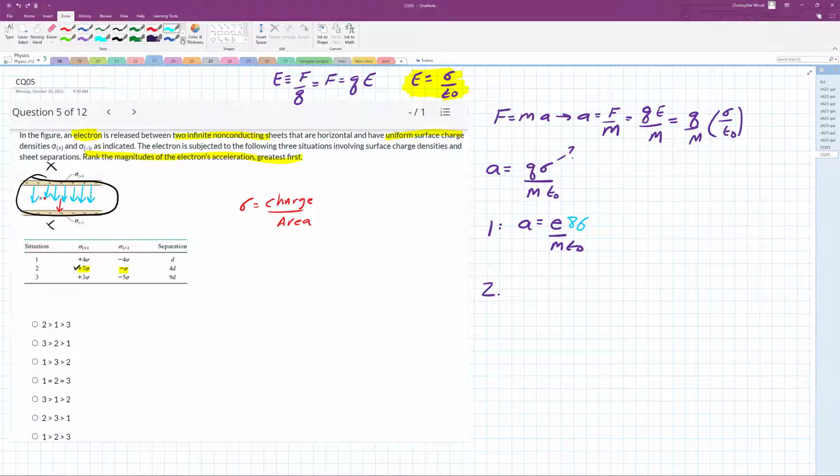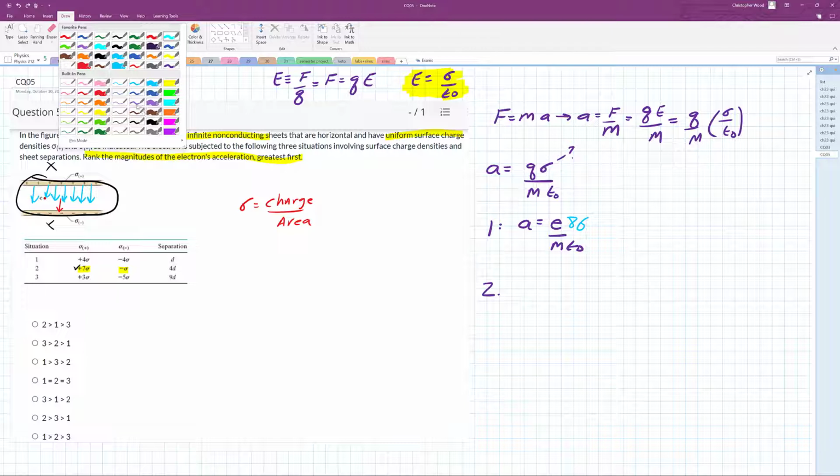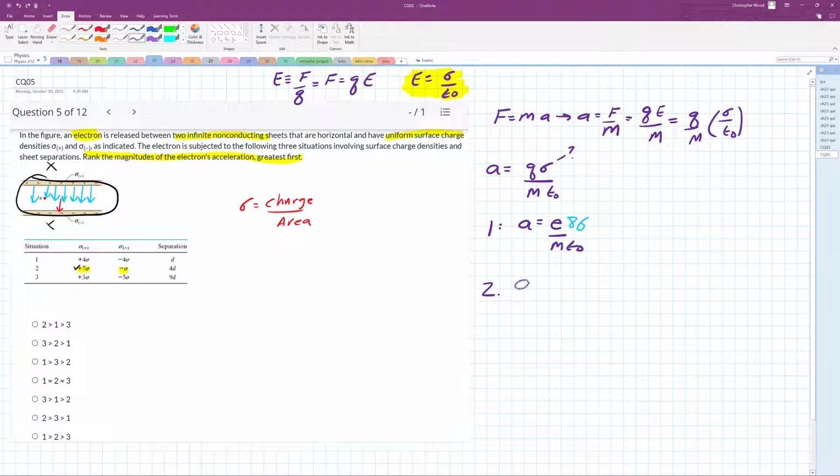So the acceleration is E times 8 sigma, all over m epsilon naught.